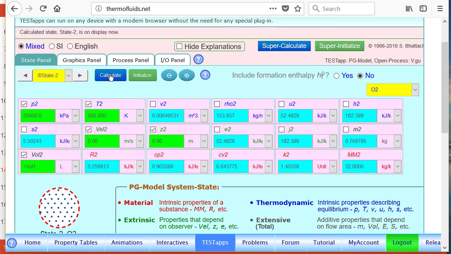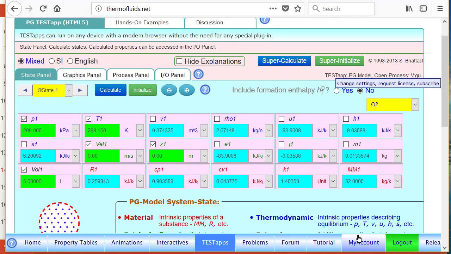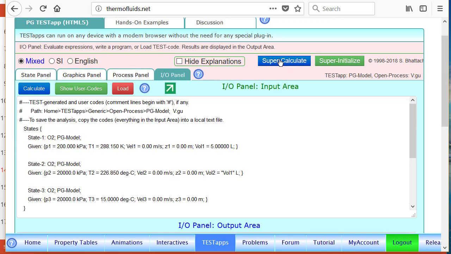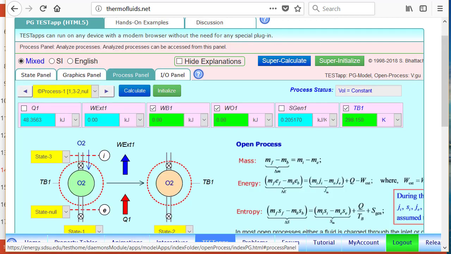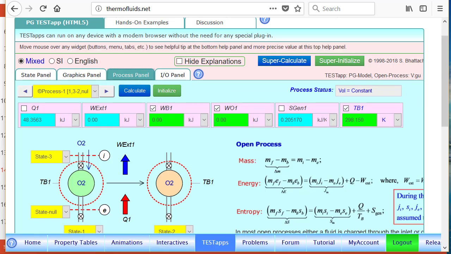Once we do this, we can do a super calculate, or you could come here and do a calculate on the process panel. Now that states 1, 2 and 3 are known, the heat transfer is calculated, which means that to achieve 500 Kelvin at the final state, we need to heat up the cylinder with this amount of heat.